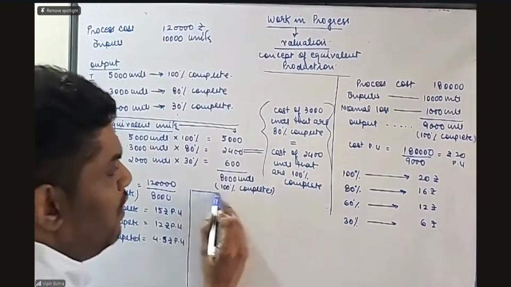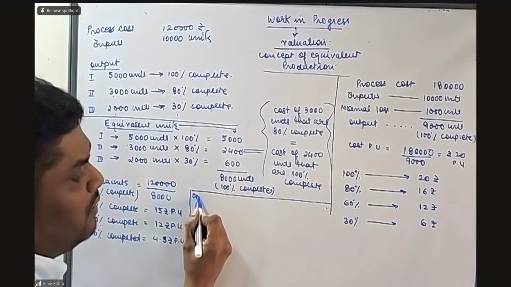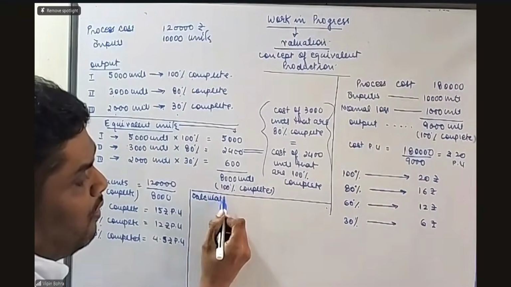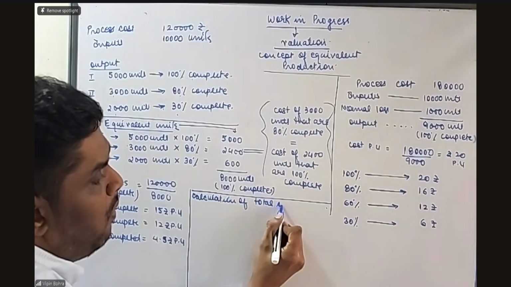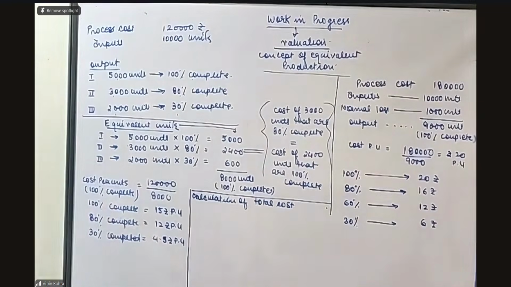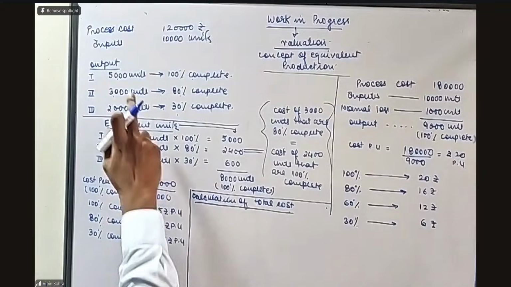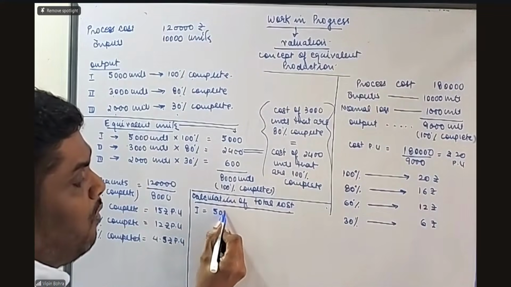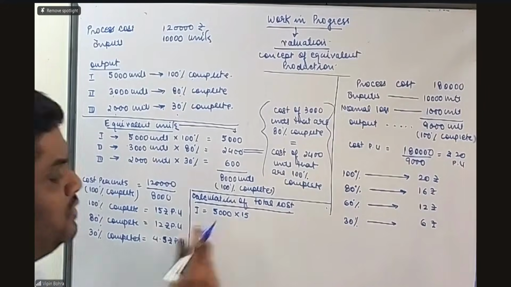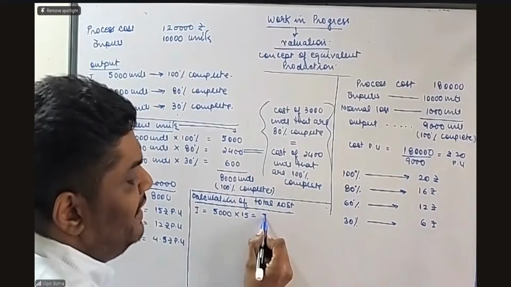So now we have got the cost also. So we can calculate the total cost. See, 5,000 units were 100% complete. So the cost of 100% completed unit is 15. So this will be 75,000.